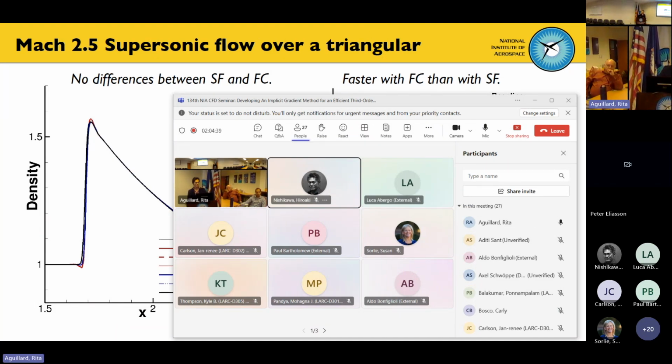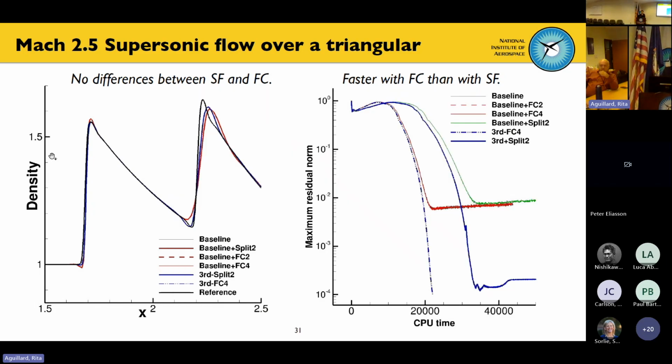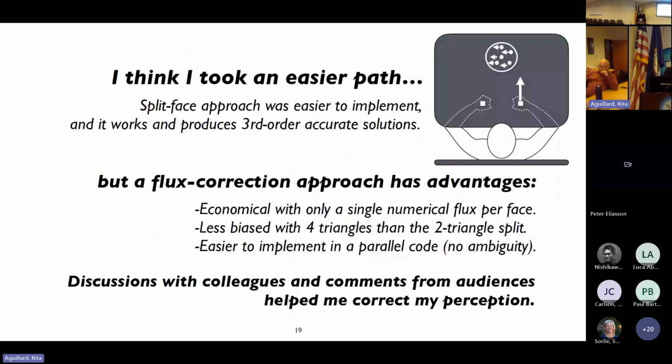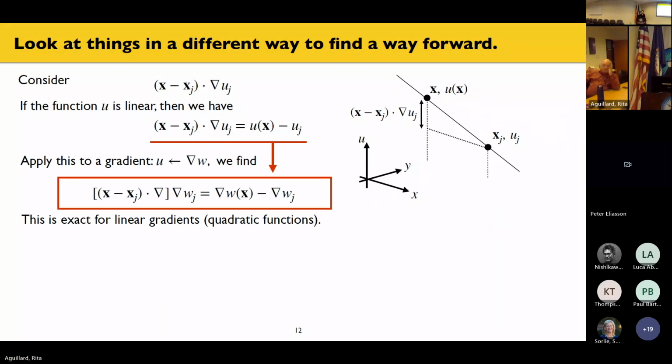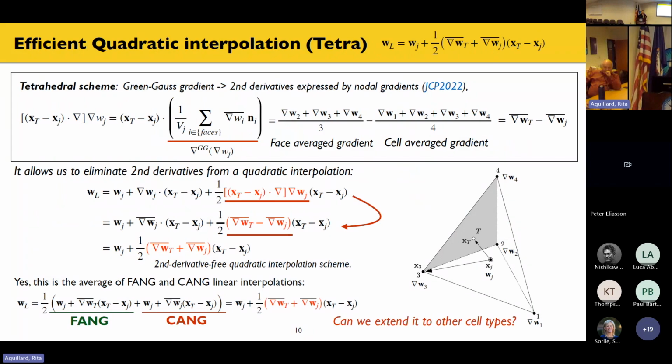So you are saying that if we still keep this face average gradient minus cell average gradient, so I'm wondering, in terms of solution, are you saying that if you would have the difference between face average solution and cell average solution, we will be able to get to second order accuracy without gradient?